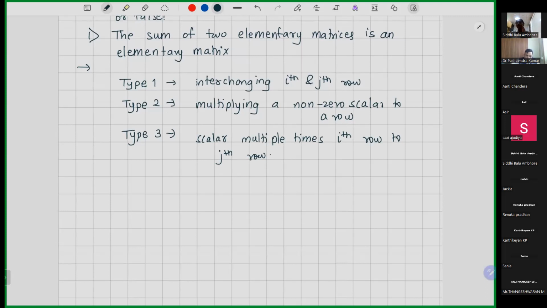So we are asked whether the sum of two elementary matrices is again an elementary matrix or not. So any guesses?